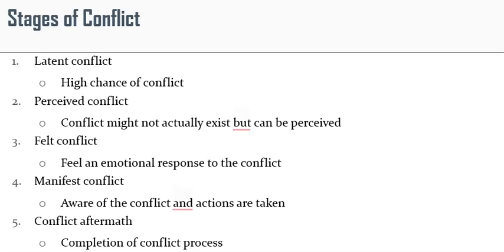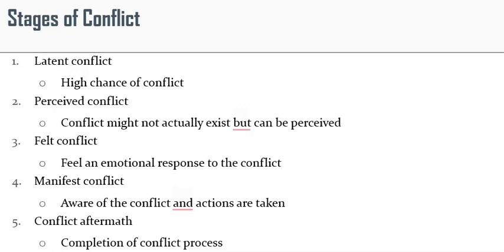This is when the actual conflict has not yet developed. However, factors are present that have a high likelihood of causing conflict to occur. An example would be a new scheduling policy implemented within the organization. The nurse manager should recognize that change is a common cause of conflict.